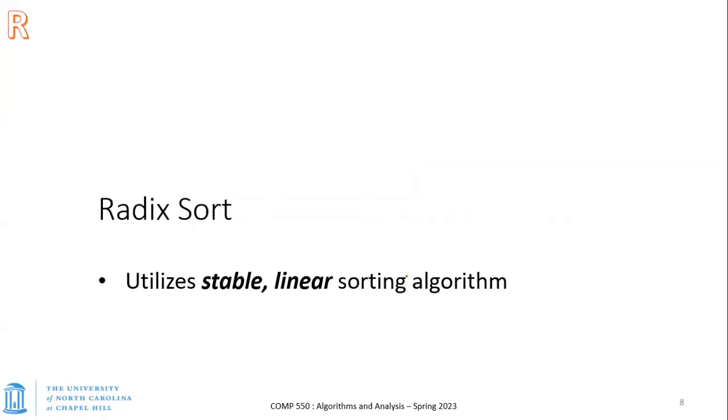And then we started looking at how we can apply this. How can we use counting sort for other algorithms? We started by taking a look at Radix sort, right towards the end of the last lecture. It utilizes a stable linear sorting algorithm.